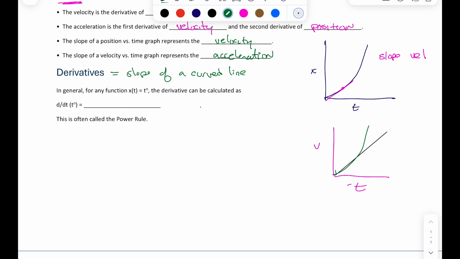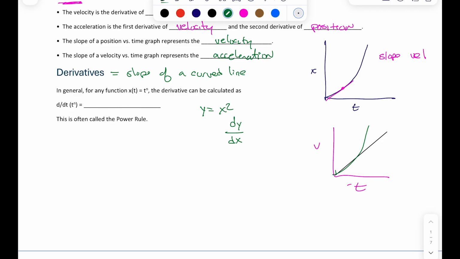If I've got y equals x squared, we'd say dy dx, the derivative of y with respect to x. In this case, we can say d dt of x, or dx dt.